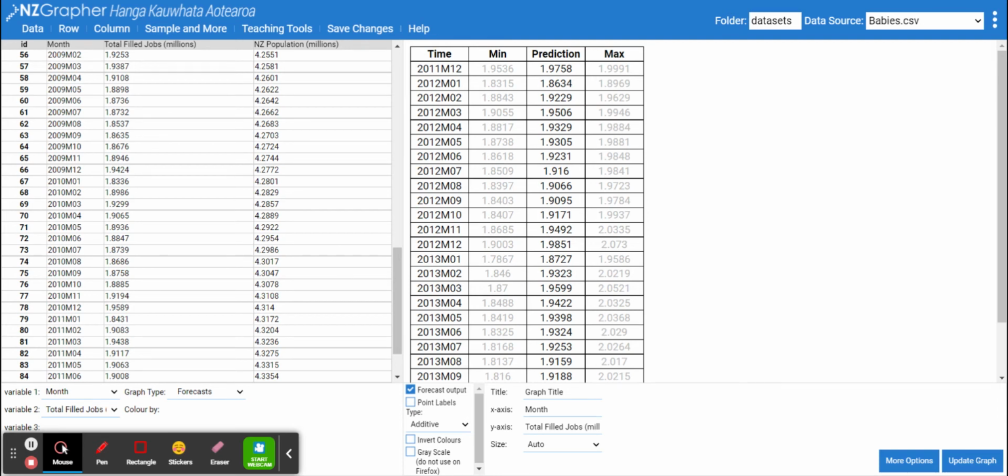If we have a look, the prediction for 2011 December is 1.9758. Now the actual value, if we remember back, was 1.9831. Notice that the prediction is a little bit lower than what actually happened, but what actually happened does fall within the 95% confidence interval.